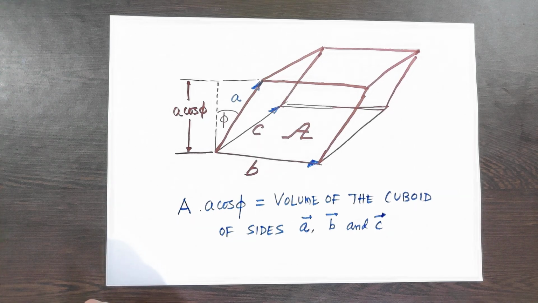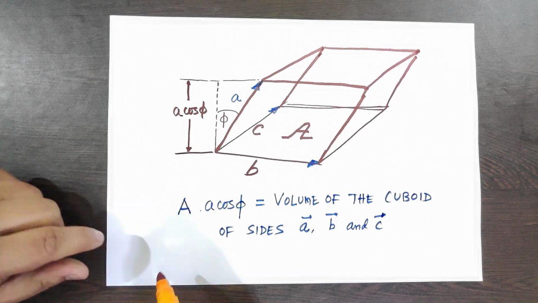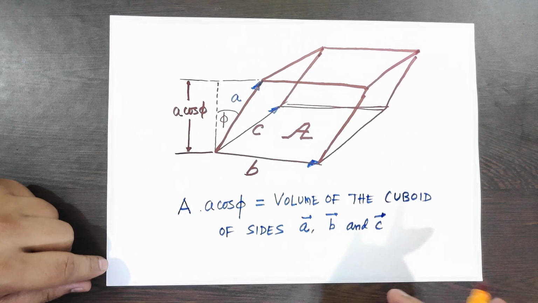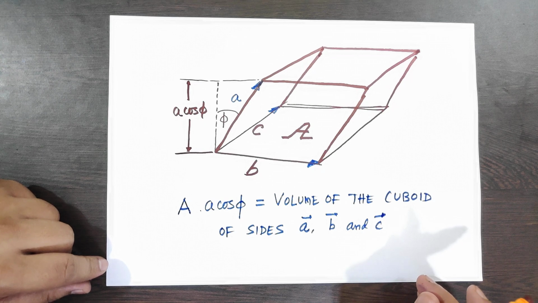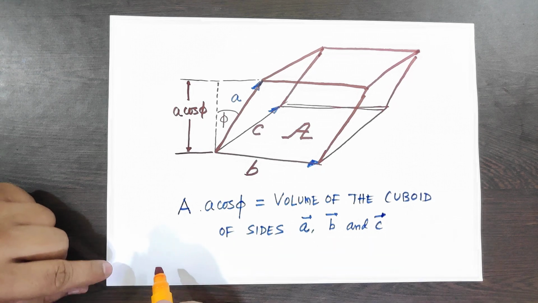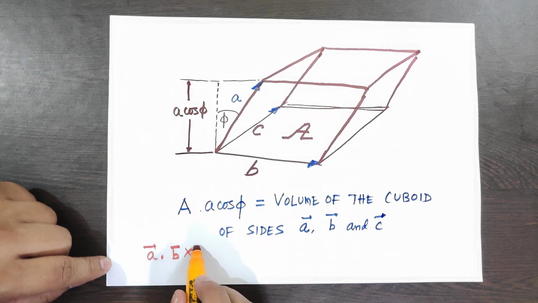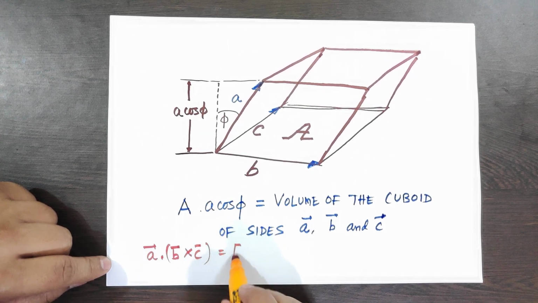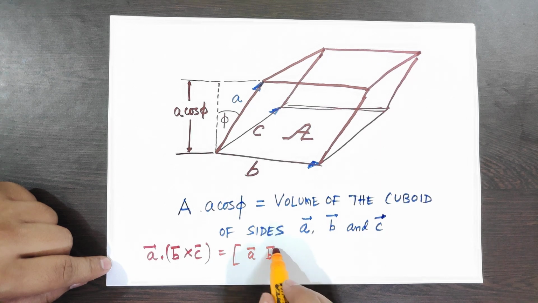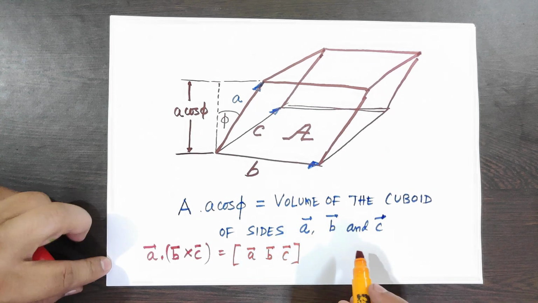Now, one important point, note that it is also a way to check whether vectors are coplanar or not. See, this A dot B cross C triple product is also represented like this, [a, b, c], right?